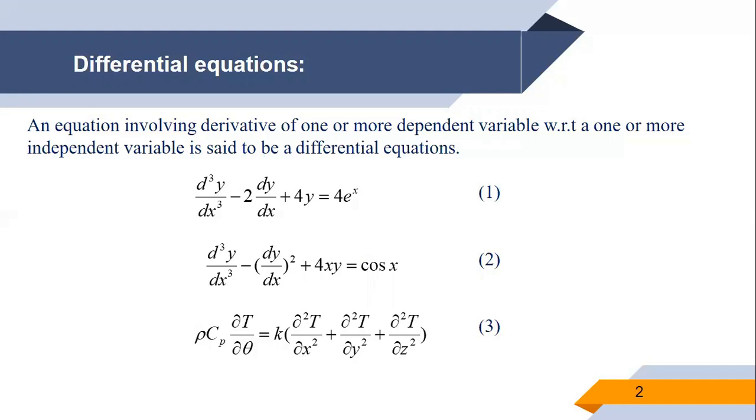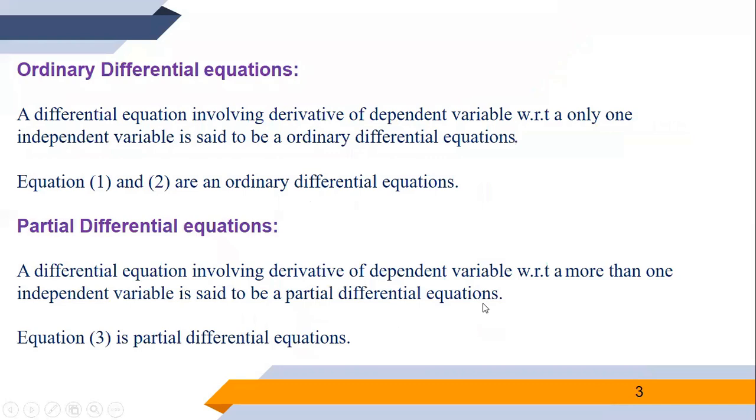Therefore equation 3 is a PDE. So 1 and 2 are ODE and equation 3 is a PDE. So this is the basic definition of ODE and PDE.